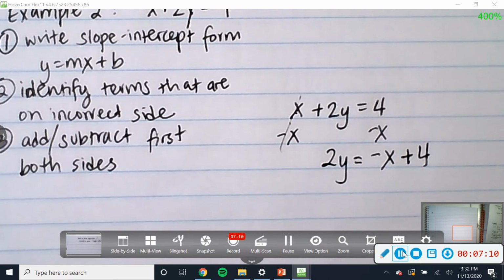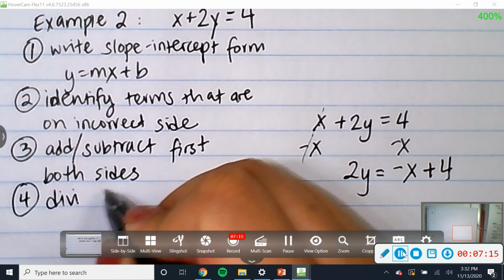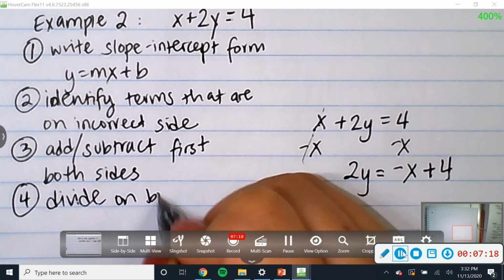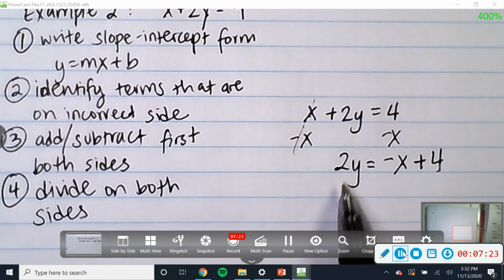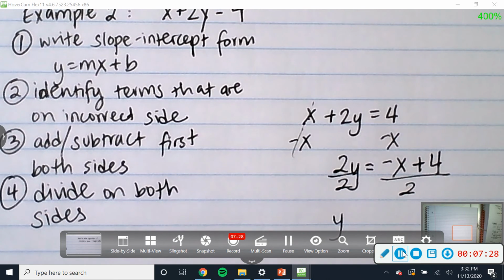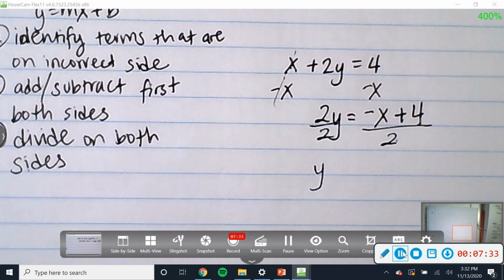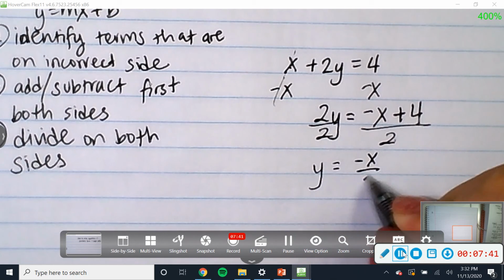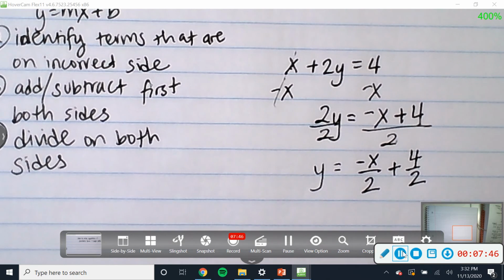Now, after rewriting, I have to get rid of that 2. So we always use division. Divide on both sides to get rid of this coefficient of 2. So I divide by 2 on both sides, and I rewrite my problem. When I'm rewriting this problem, I need to make sure that I'm simplifying this giant fraction. So I need to rewrite it as negative x over 2 plus 4 over 2.